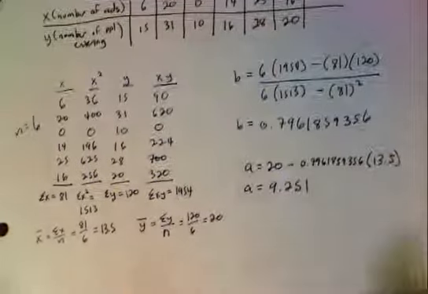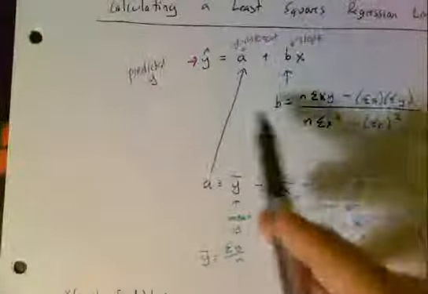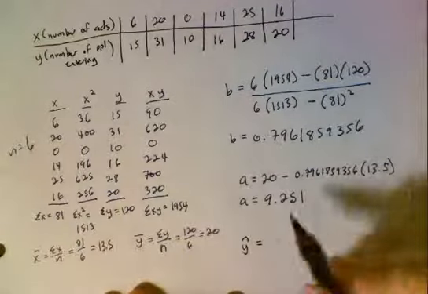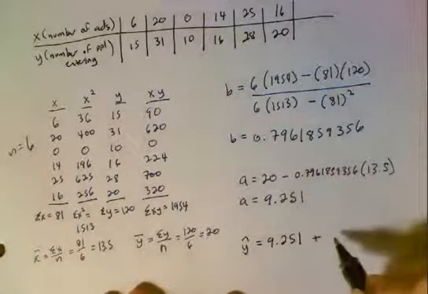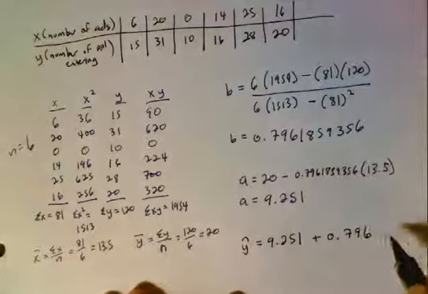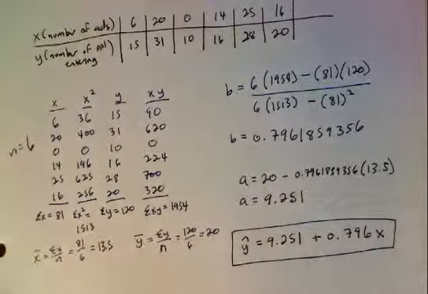It's okay to round that one now. So that means that our final answer, if we take our a and our b and we put it back up in here, is that y hat equals 9.251 plus, and now we can round this, 0.796x. And that would be our final answer.